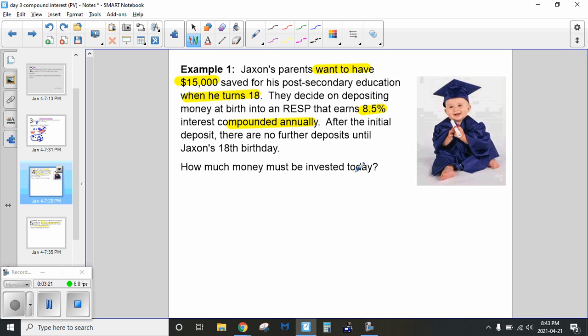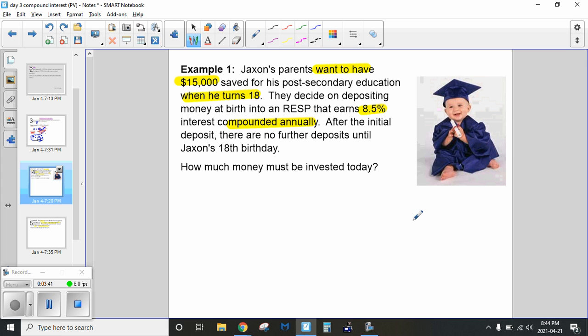So here we have Jackson, whose parents want to have $15,000 saved for post-secondary education when he turns 18. And they decide on depositing money at birth into an RESP, which is a registered education savings plan.